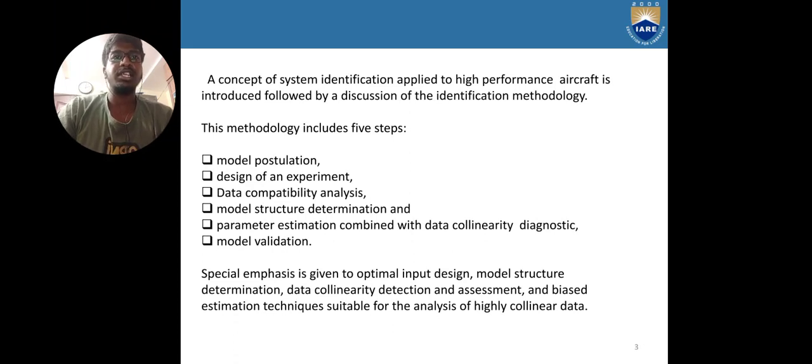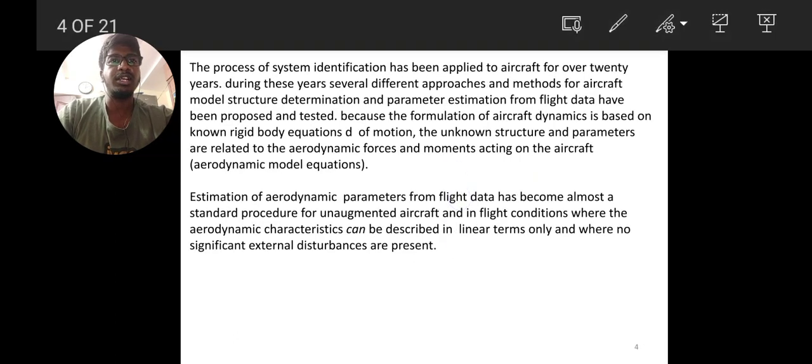This methodology includes 5 steps: model postulation, design of an experiment, data compatibility analysis, model structure determination, and parameter estimation combined with data collinearity diagnostics and model validation. Special emphasis is given to optimal input design and model structure determination, data collinearity detection and assessment, and a biased estimation technique suitable for the analysis of highly collinear data.